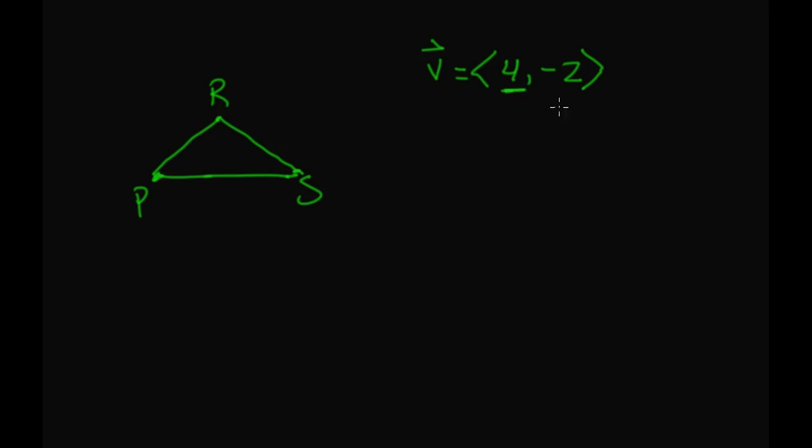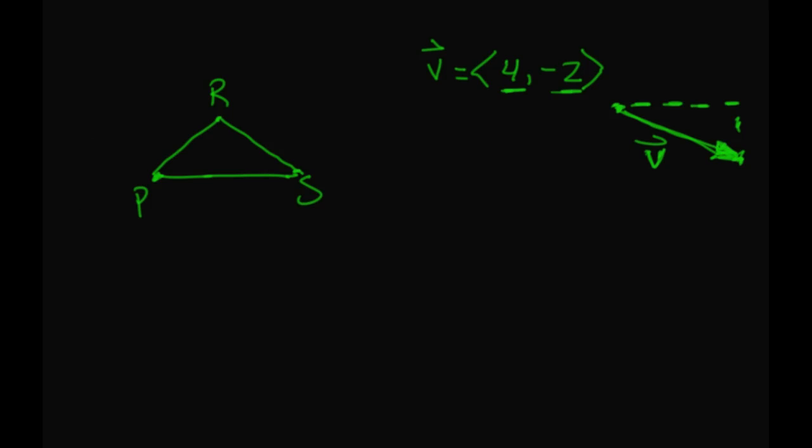Okay, so this vector says go to the right 4 and down 2. So if I just drew that vector, I go to the right 1, 2, 3, 4, down 2. This vector V looks like this. Now note, a vector has no actual firm starting position. It can start anywhere, but it always goes 4 to the right and down 2.